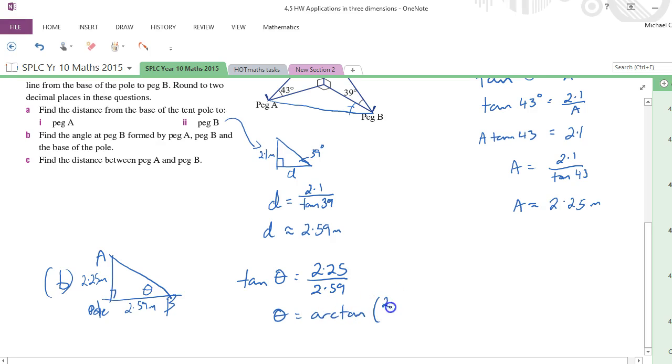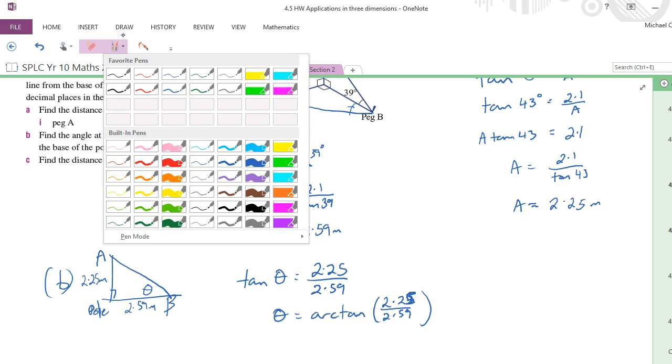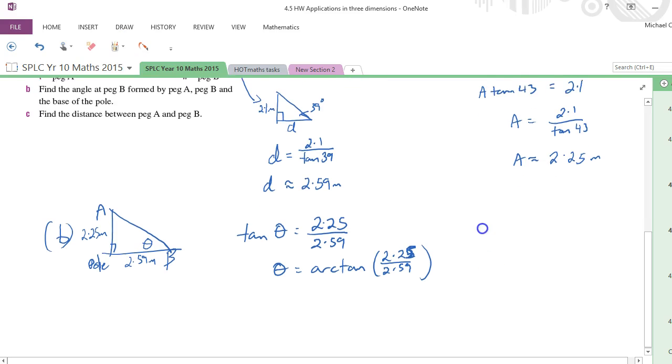Remember on your calculator it looks like 2.25 over 2.59. Arctan is basically the same as the inverse tan function, but that gets a bit confusing because it also looks like a power. So even though that's the button we use, I will continue to encourage you to write arctan, but in the exam it will not make a difference.